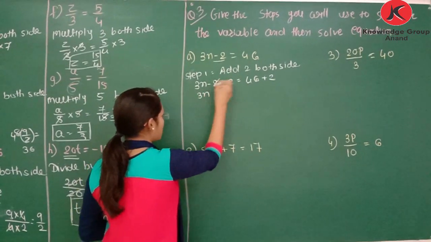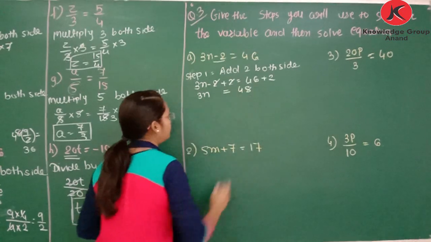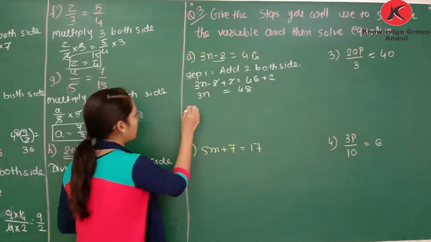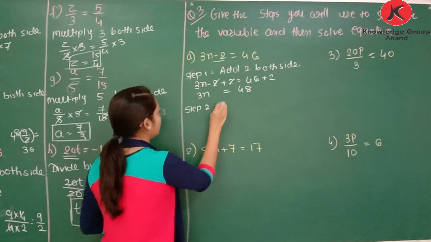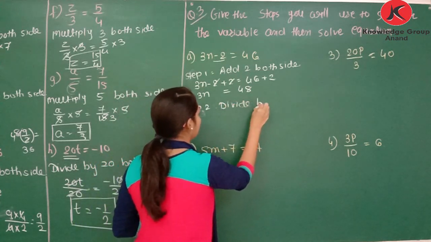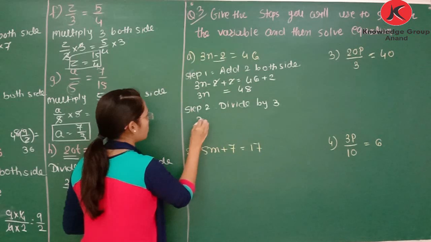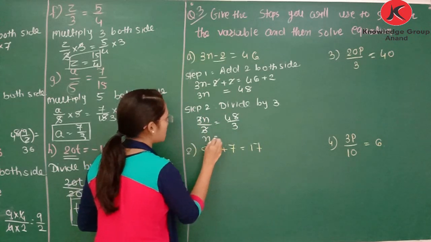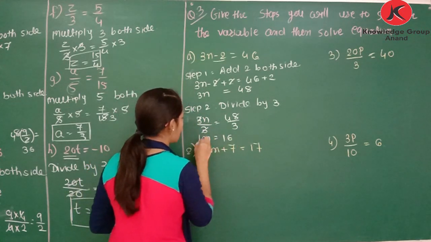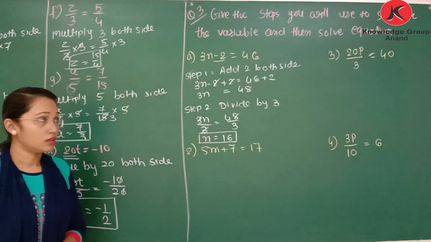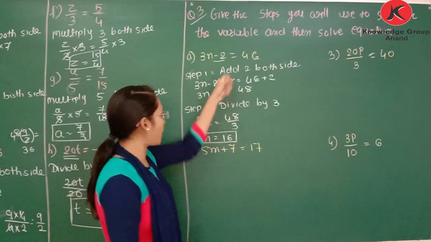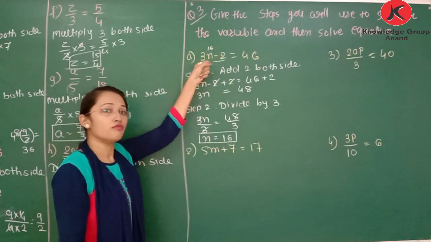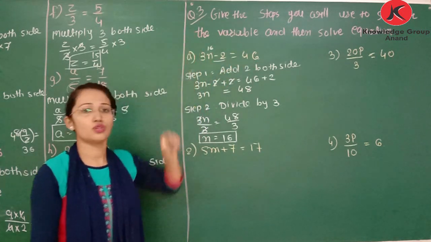That is, 3n, minus 2 plus 2 cancel, 48. Now 3 is in multiplication, so next step will be divide by 3 both sides. So 3n by 3 is equal to 48 by 3. 3 cancels, so n is equal to 16. If you want to check your answer, then instead of n you can write 16 here. So 16 3s are 48 minus 2 is 46, means your answer is correct.